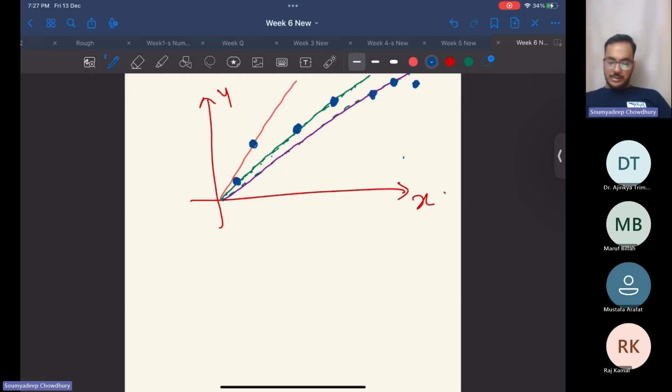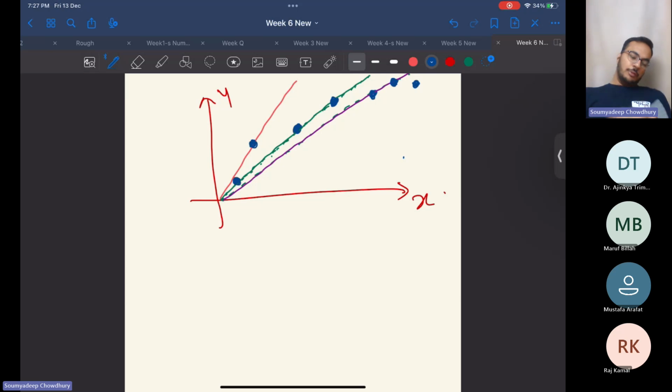Before that, is the basic concept clear about regression? As one of you told, it is basically to propose a relation or to find a straight line for linear regression which closely predicts your data points. So that is the basic essence of regression.